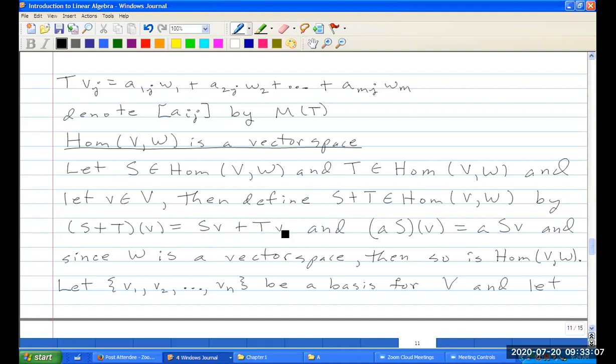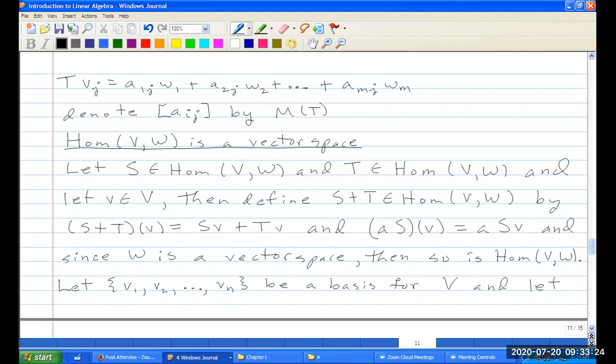That's a very natural way to define addition. This is the same way you define addition for functions, and so this is a very natural way to define addition of transformations.